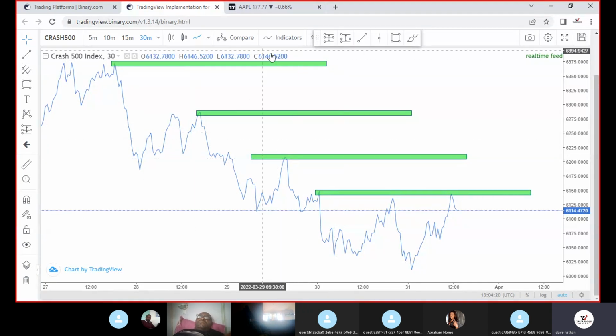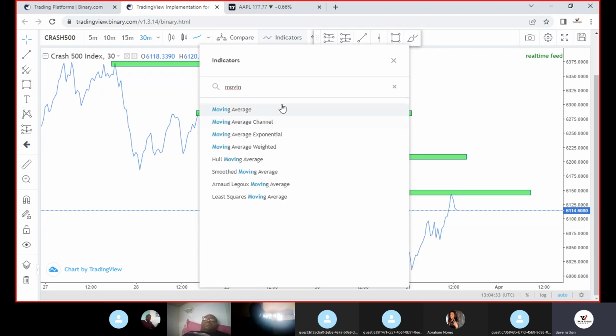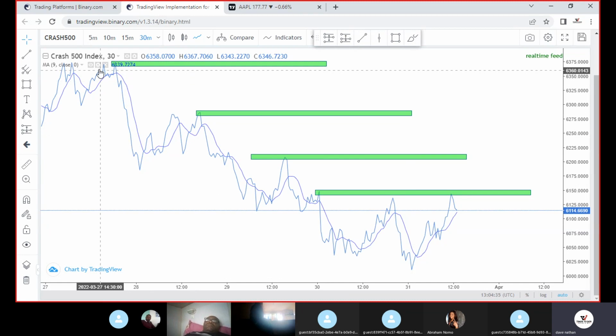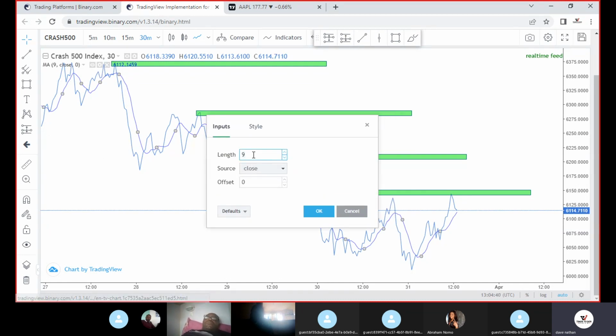Okay, so if you want to identify if you're in an uptrend or downtrend without understanding market structure, you can use moving averages. You can use Ichimoku. You can use the 50 moving average. Let's make the moving average 200 or 100.